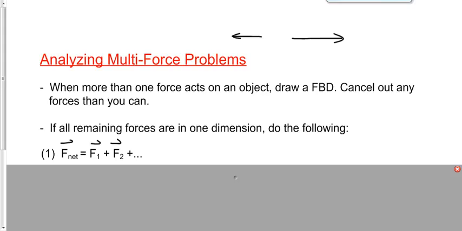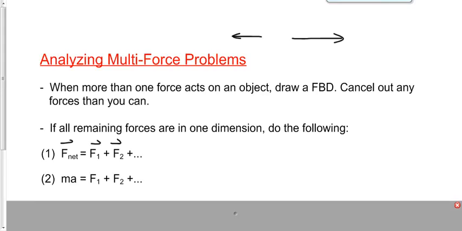Now, sometimes, not always, but sometimes you'll sub in M times A for the net force. How come? Well, because sometimes you've either got the value of the acceleration or you're looking for the value of the acceleration.